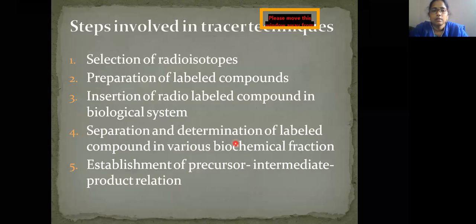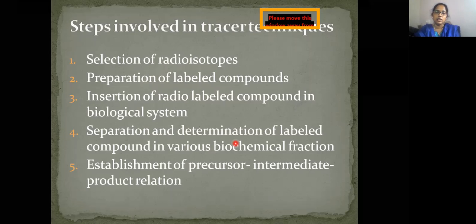If you select C14 or hydrogen, the half-life is more, so they will be available throughout the pathway. They are not easily destroyed and will not decay easily. It will take 12 years to decay further, so it will be available in the plant for 12 years. So the selection of radioisotopes is important.